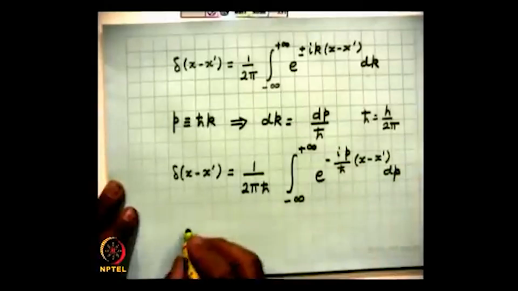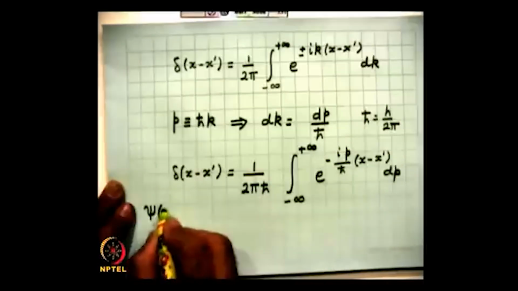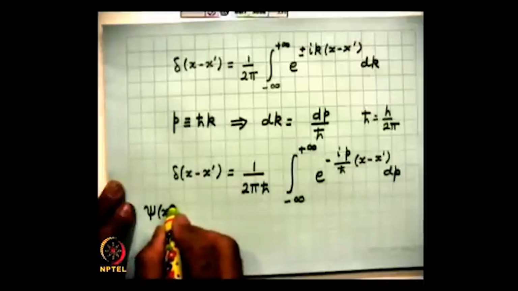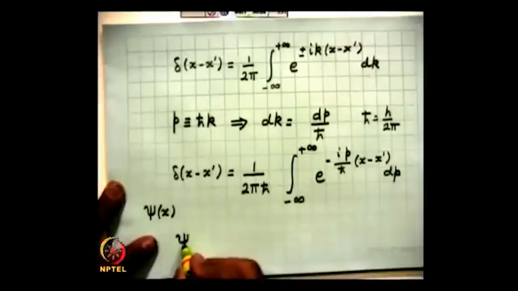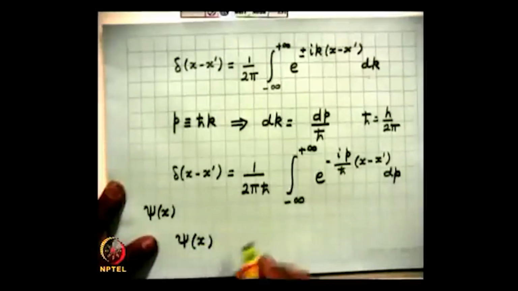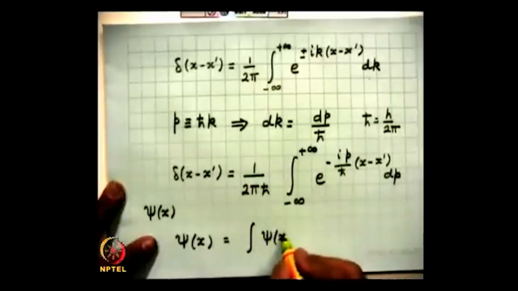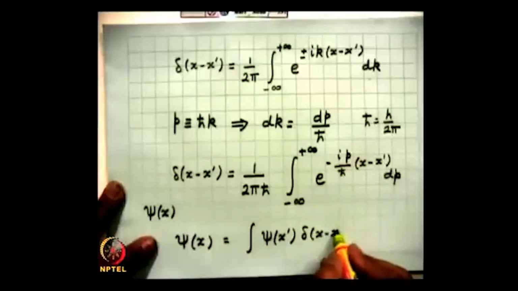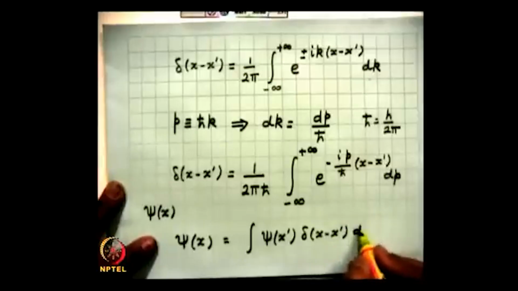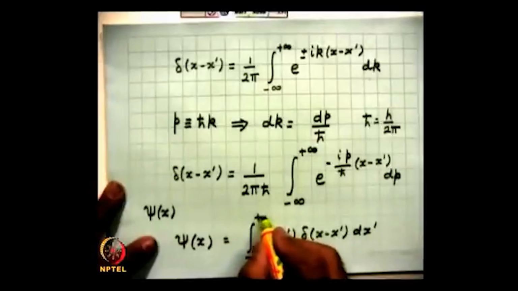Now, as we know, I consider a function psi of x. So, we write psi of x is equal to the integral of psi of x prime into delta of x minus x prime dx prime from minus infinity to plus infinity.